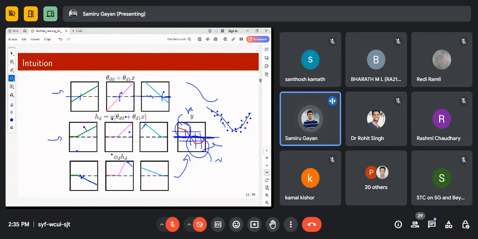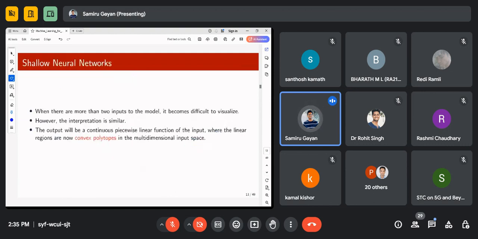So this folding and bending kind of behavior will be there as well. It's like if you get a piece of paper and bend it here and there, you'll ultimately get a shape like a convex polytope.